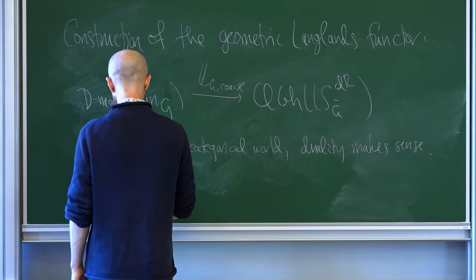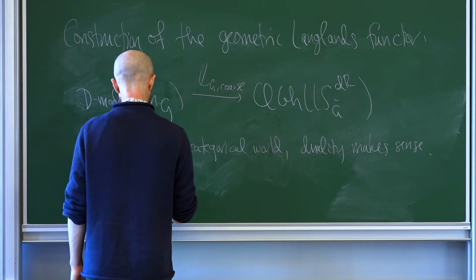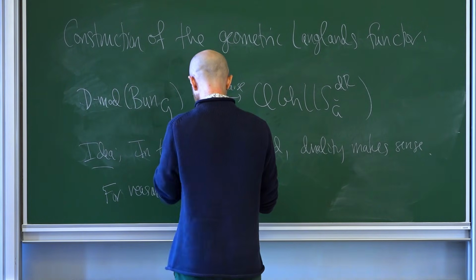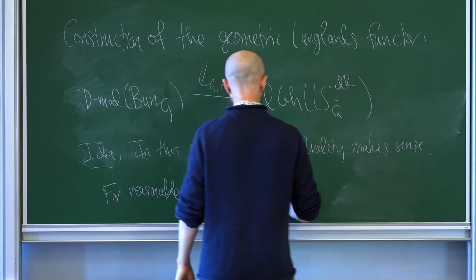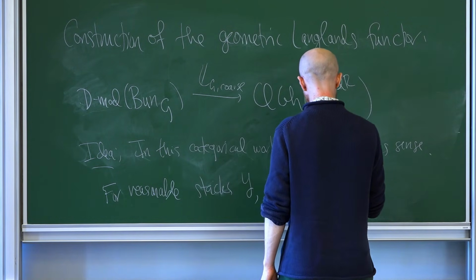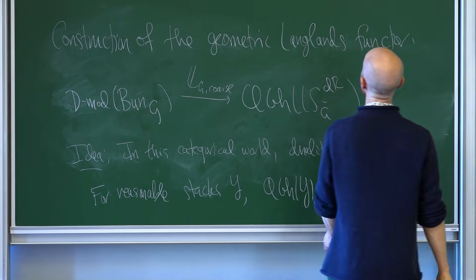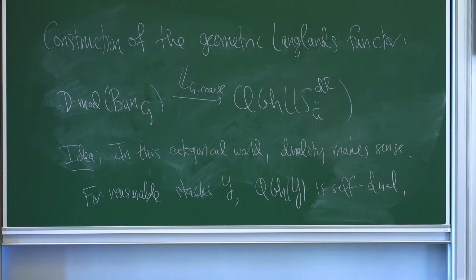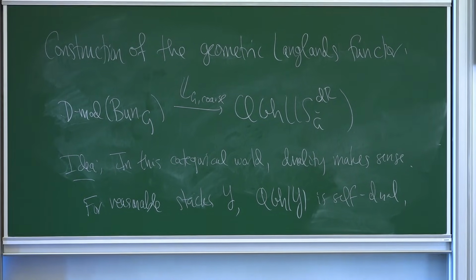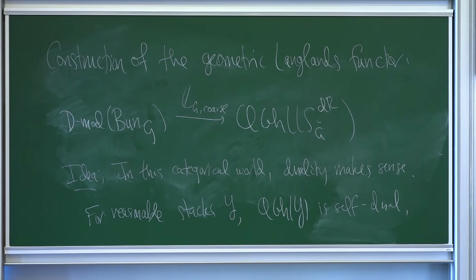For reasonable stacks Y, QCoh of Y is self-dual, which sounds like an abstract statement, but it's quite explicit. If you haven't seen this before, it sounds abstract. Let me just very quickly say how it works.